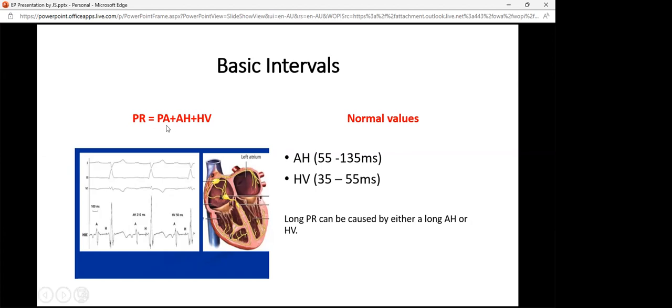If it's a long PA interval, the prognosis isn't too bad, but the further we go down this chain of events, if we have quite normal PA and AH intervals but our HV interval, meaning our conduction through the His-Purkinje system, is quite long, then the prognosis and the chances of high-grade AV block significantly go up. And it's these types of patients that will probably end up having pacemakers later on down the future.